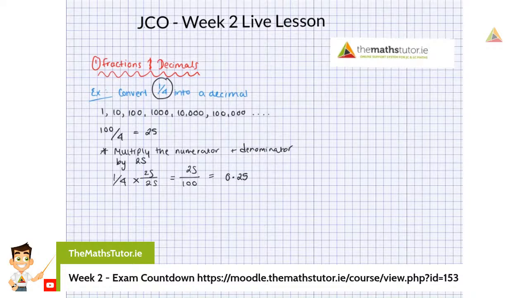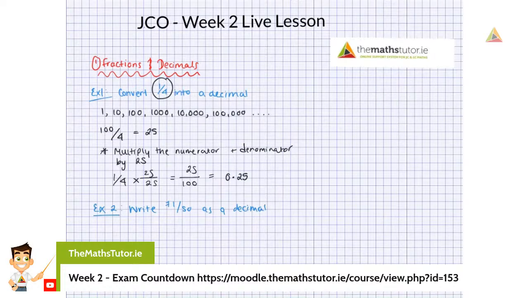So we're going to give you a second example now. So that was example 1. We're going to go on to example 2, and this time it's going to be to write 71 over 50 as a decimal. Okay, we're going to do the same thing again here.